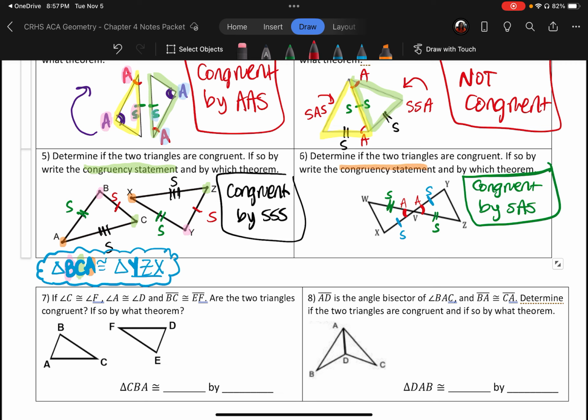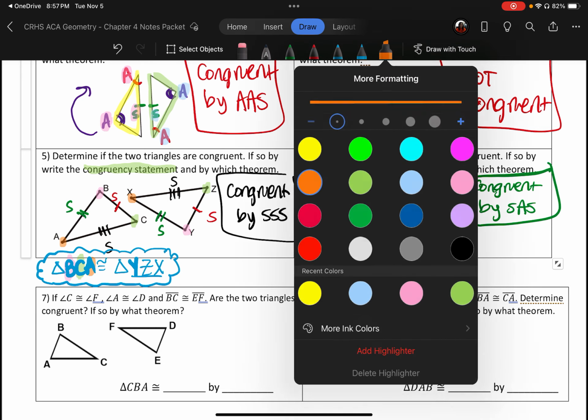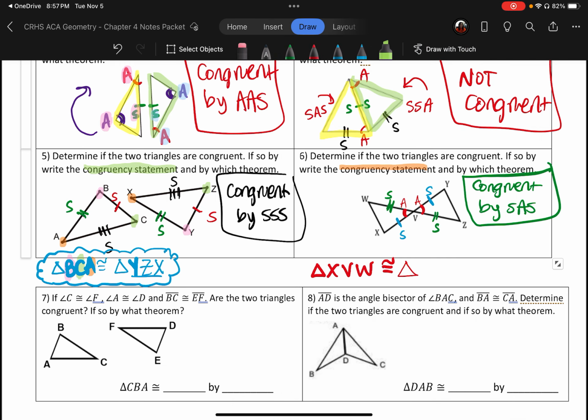So my congruency statement, let me start it off for you guys. Let's say that this will be XVW. XVW would be congruent to, well, let's match it up here, okay? X is at the end of, if I look here, the red angle and the blue side.